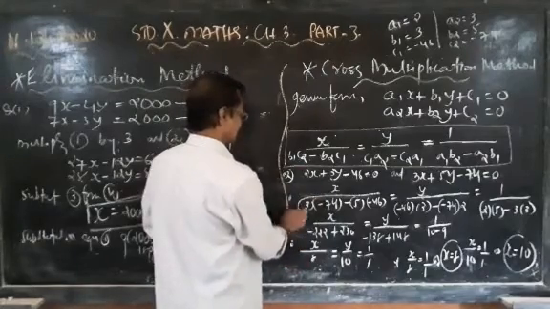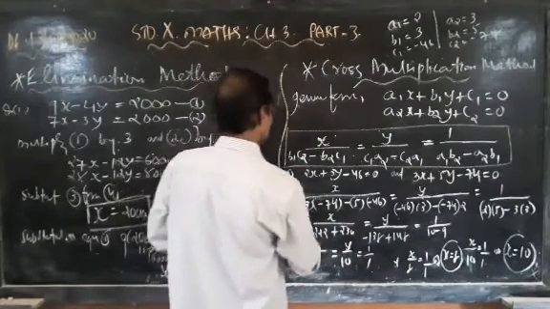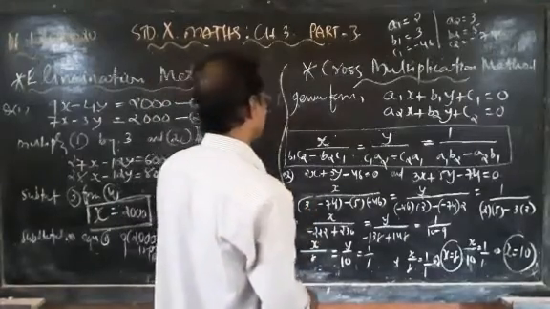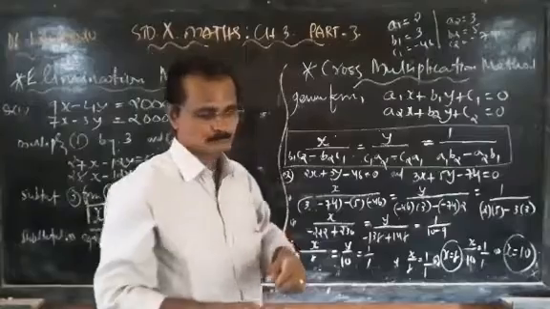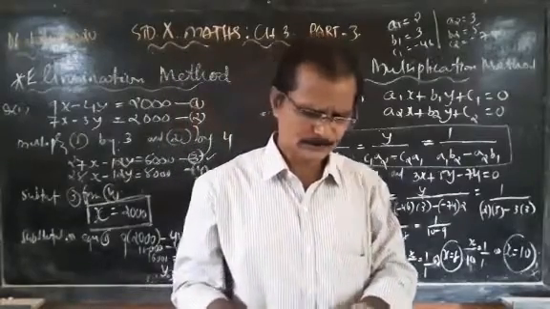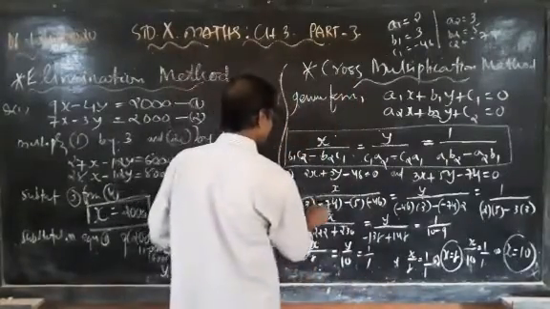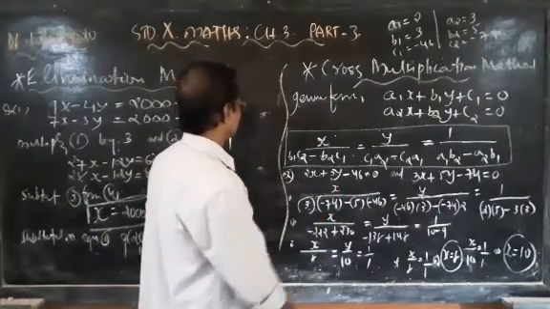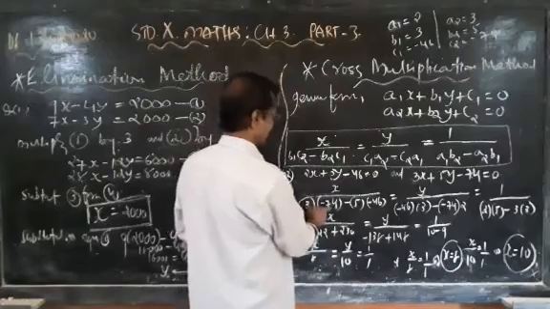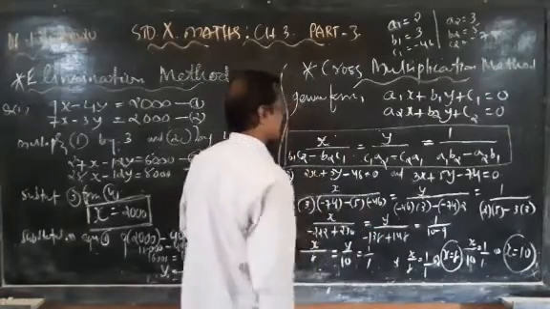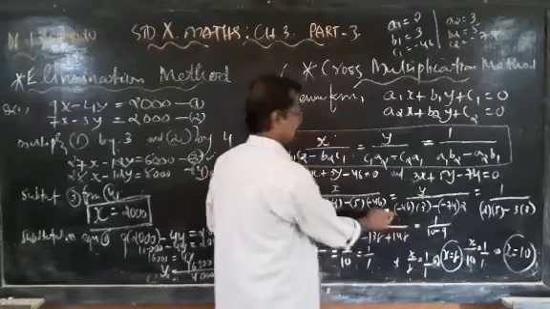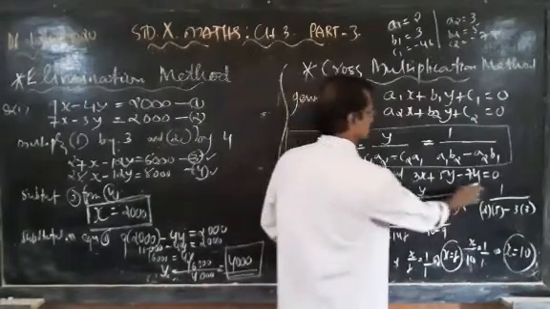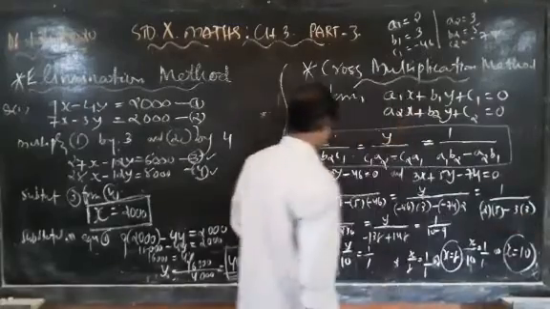What is b1 c2? x upon 3 into minus 74, minus 5 into minus 46, equal to y upon minus 46 into 3 minus minus 74 into 2, equal to 1 upon 2 into 5 minus 3 into 3.